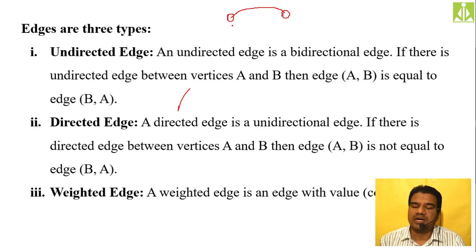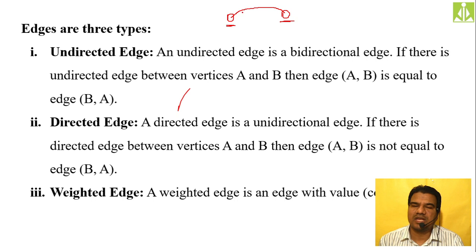It is very difficult to say, if you have an edge like this, which one is the starting vertex and which one is the end vertex. You cannot say, because this edge is bidirectional.